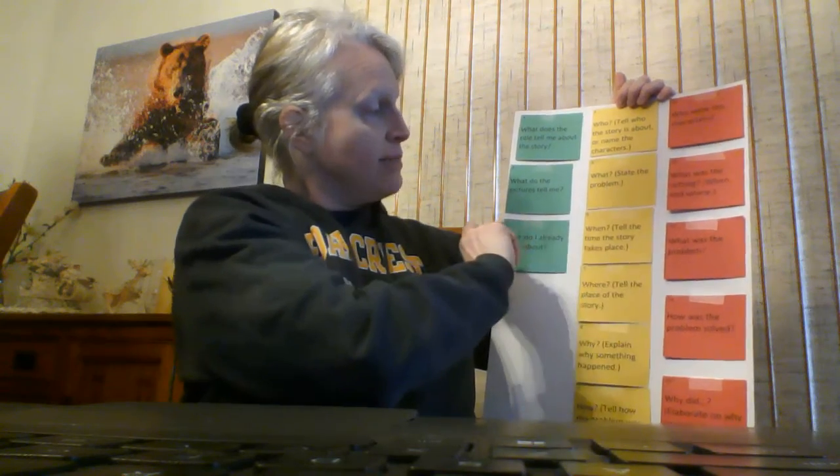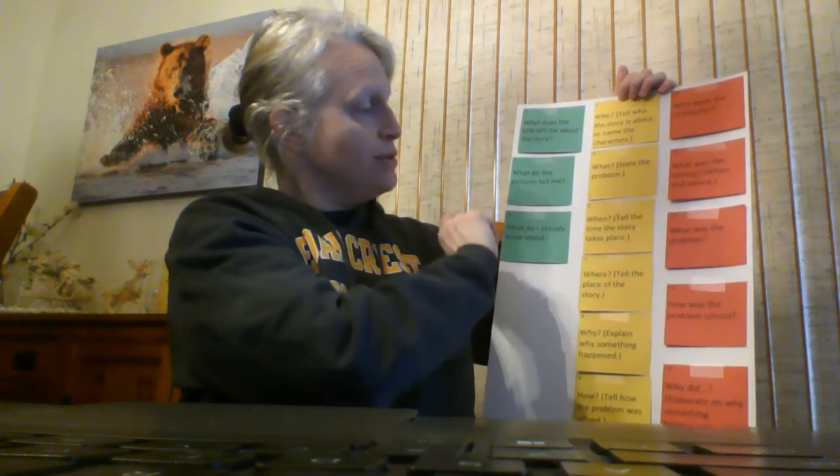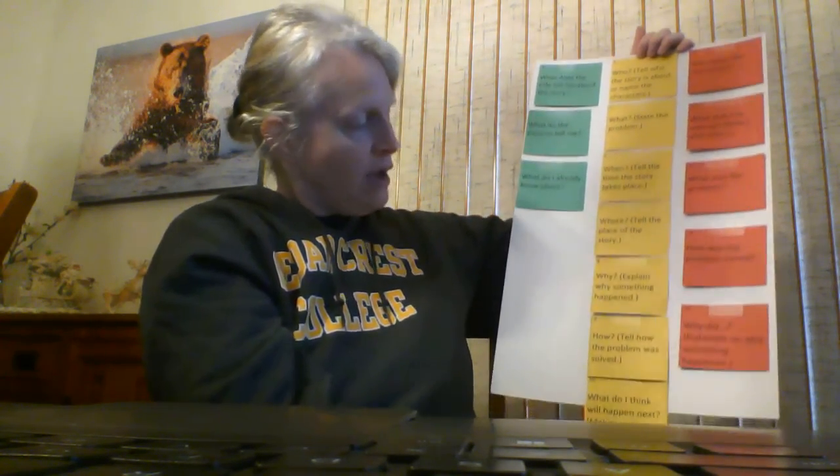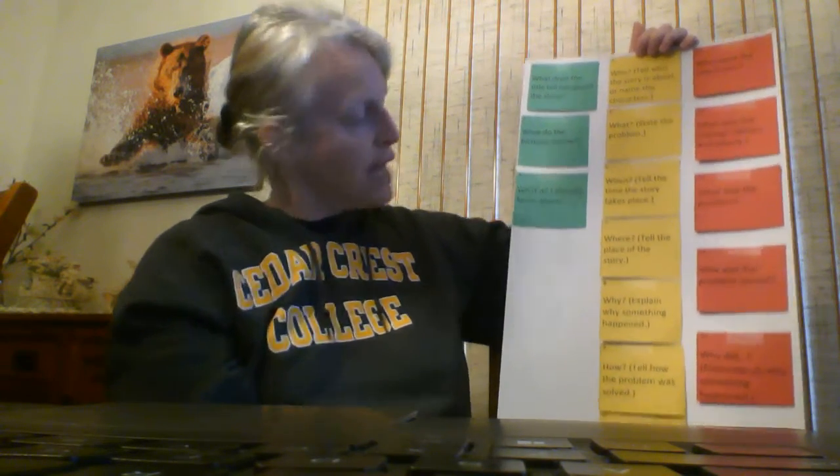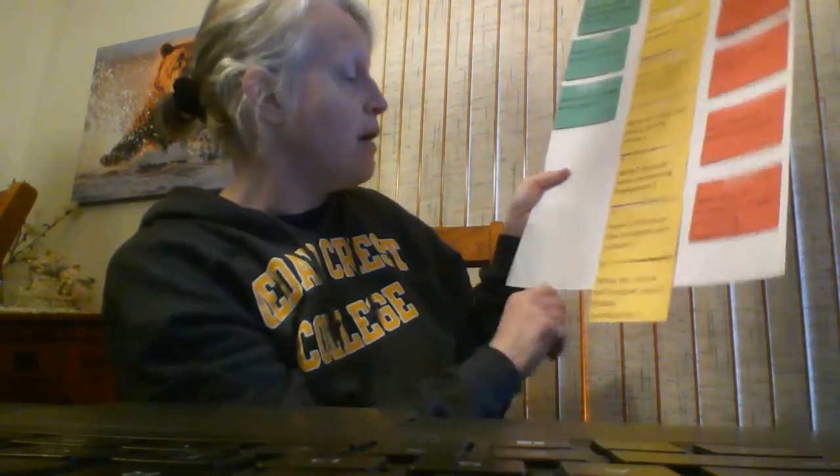What: state the problem. When: tell the time the story takes place. These questions for during reading are to help students focus on the main ideas and important points of the story, and also to encourage them to make connections and predictions. Down here on this card, what do I think will happen next? That's where they would predict what would happen next in the story.